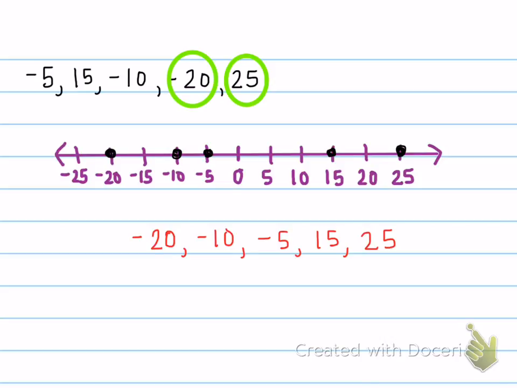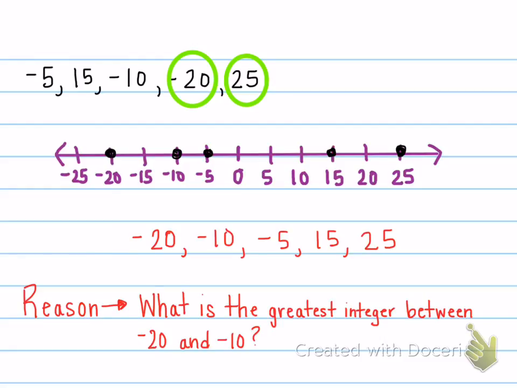So the last thing they're going to ask you to do in this section is reason about integers. They might ask you something like, what is the greatest number between -20 and -10? Okay, so again, what is the greatest integer between -20 and -10?